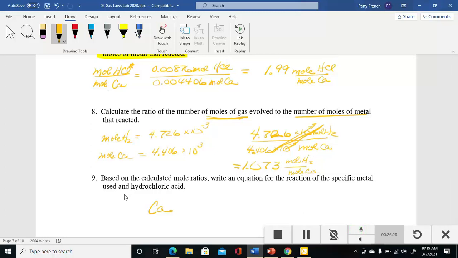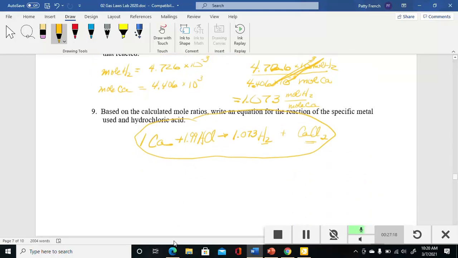So we have to have 1 here. And of course, we don't write that. Plus, now the next thing we're going to do is figure out the moles of HCl, and we had 1.99. Right here we had 1.073 moles of hydrogen gas per 1 mole of calcium. And this was our total reaction, which is pretty close.